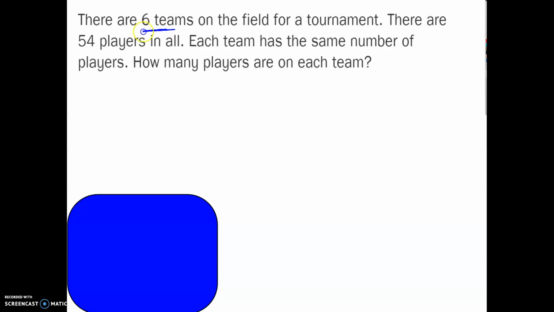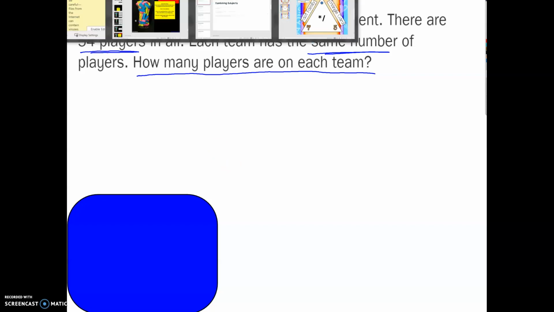That there are 6 teams, and there are 54 players in all, and each team has exactly the same number of players. And your task is to find out how many players are on each team. So I'm going to give you a couple minutes to see what you can come up with for an answer, and come back and we'll talk through it.